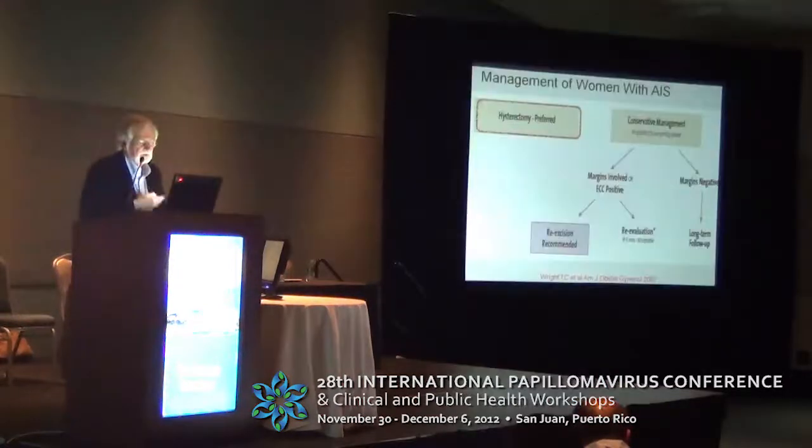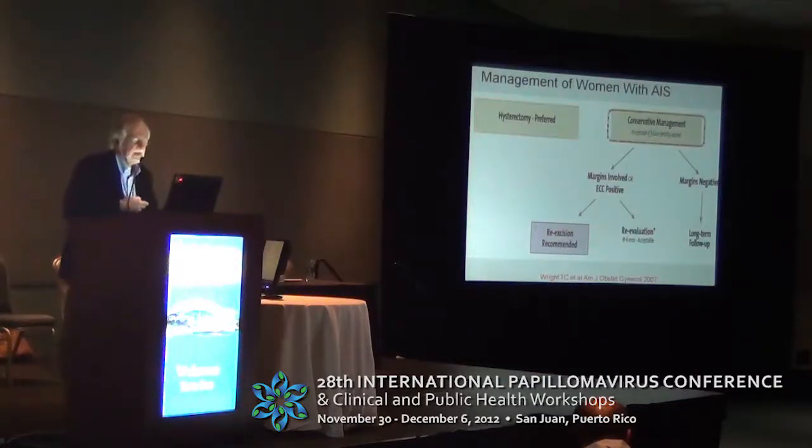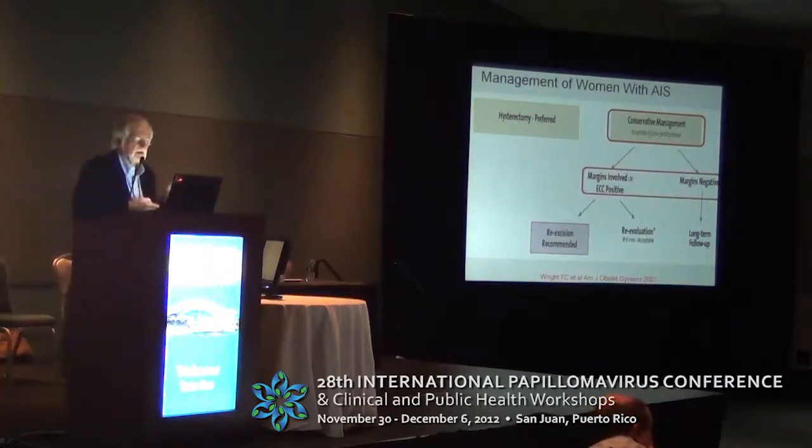to get a multifocal lesion. So the management of women with AIS, hysterectomy is preferred, but conservative management is acceptable if future fertility is desired. And then what is done after doing a cone on these women depends on whether the margins are involved or ECC positive or the margins are negative.